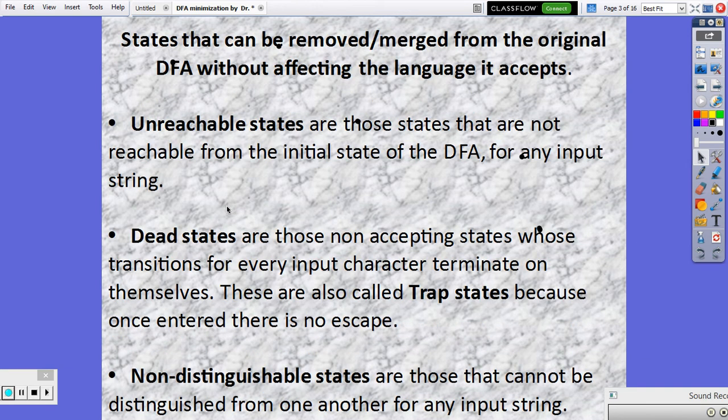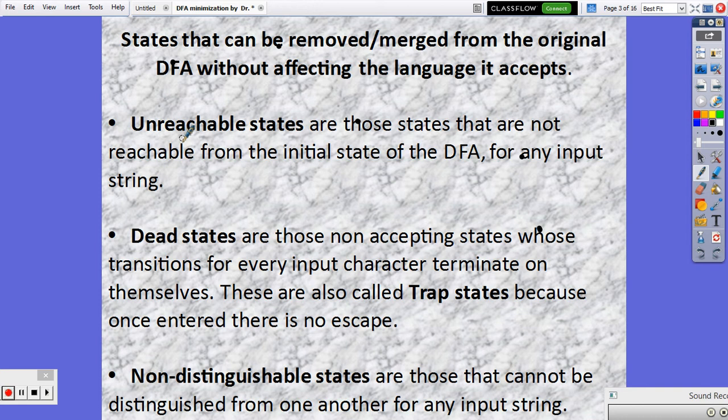When I say extra states, I mean the states which have no role, for which we have some technical terms: unreachable states, dead states, and non-distinguishable states. If any of these 3 types of states are present in the DFA, we will remove them from our DFA to minimize it, to make it optimal.